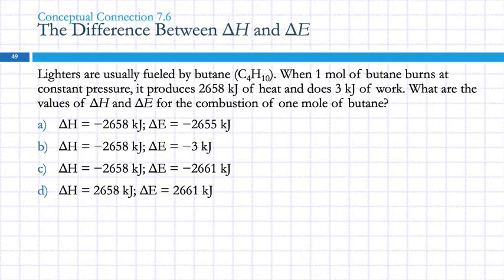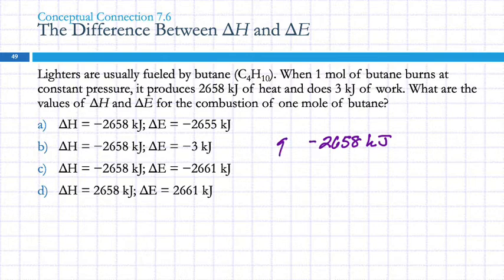So in this problem, this is the heat, right? We have 2,658 kilojoules. Is that positive or negative? Positive for the system? Is it leaving the system or coming into the system? It's leaving the system.